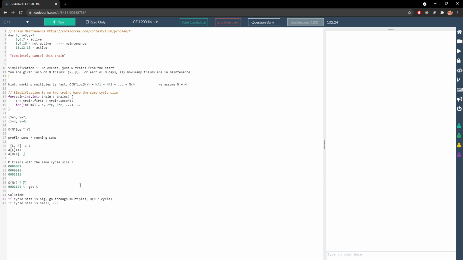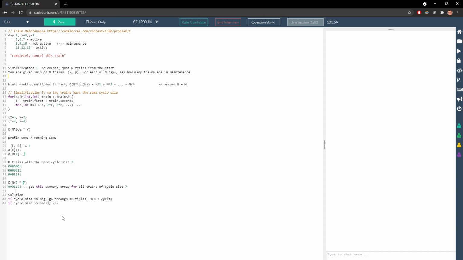So get this summary array for all trains of cycle size 7. You create something like this, and then you put it at every position from 0 to 6, from 7 to 13, from 14 to 20, right? Okay, I see.